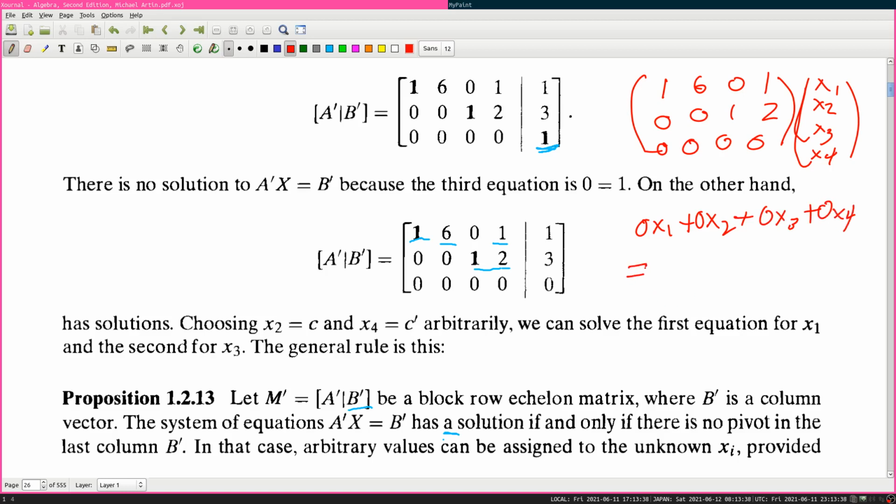That's obviously going to be equal to 0, but the bottom equation says it has to be equal to 1, so there's no solution. That's just a contradiction. Suppose there is a solution, we can prove that 0 is equal to 1, which is a contradiction. That's the proof.